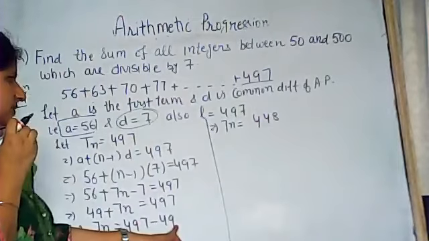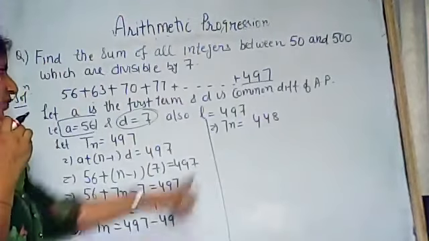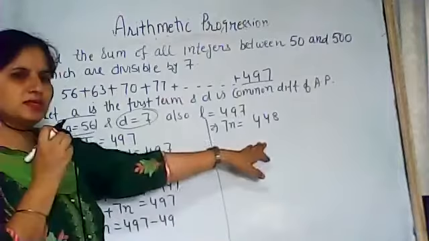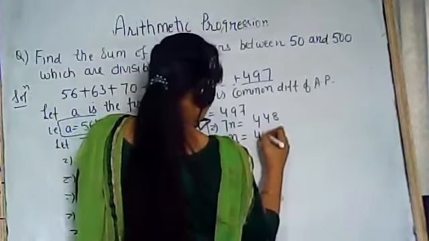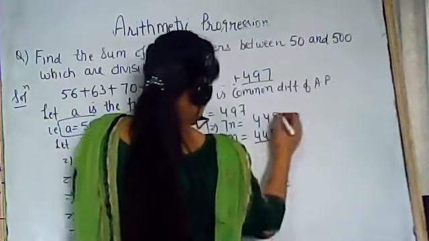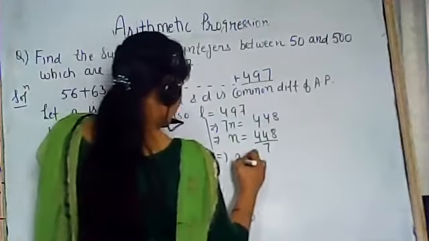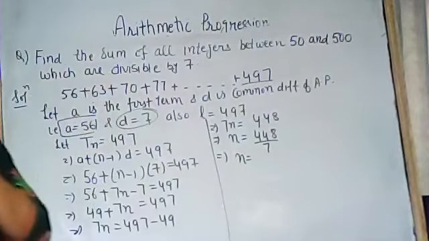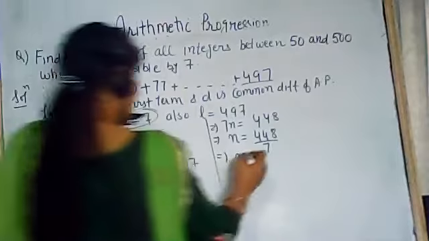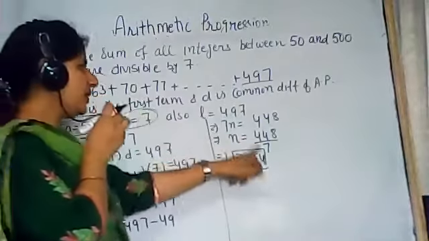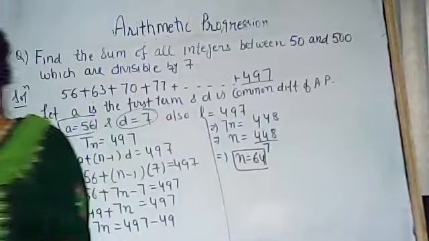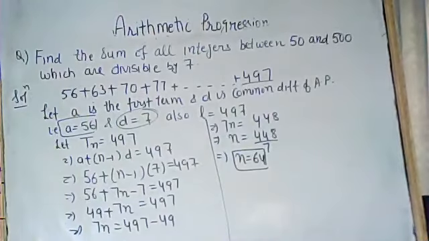Now we want to calculate the value of n, so n is equal to 448 divided by 7. So the value of n is equal to 64. 7 sixes are 42, 7 fours are 28. So by simplifying, we have calculated the value of n, which is equal to 64.